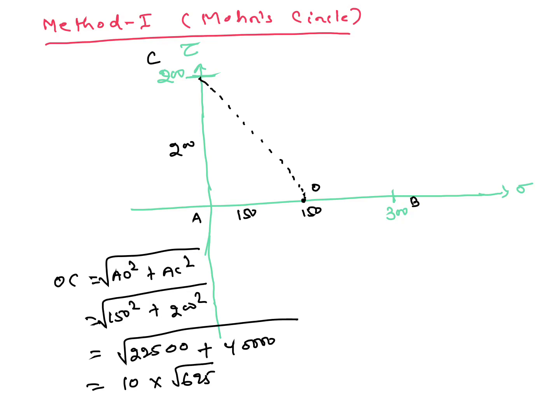Then 10 into 625 root is 25, so you will get 250 MPa. This is radius of Mohr's circle.